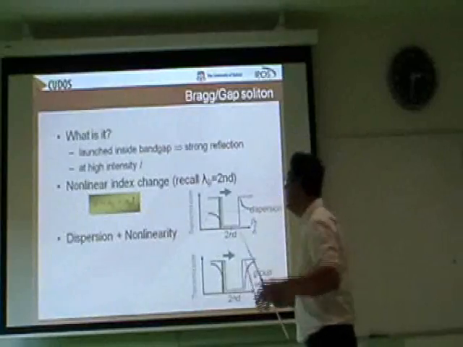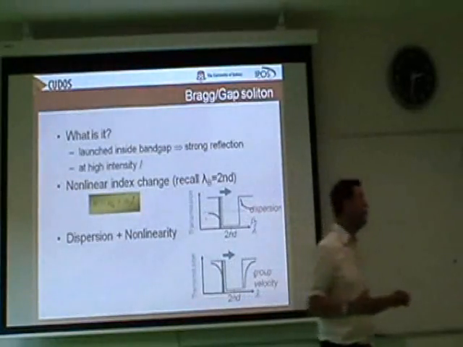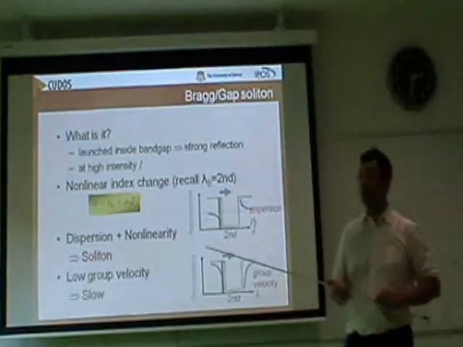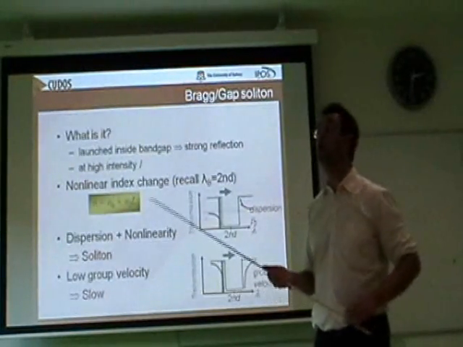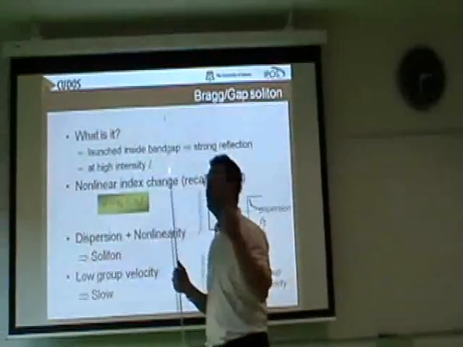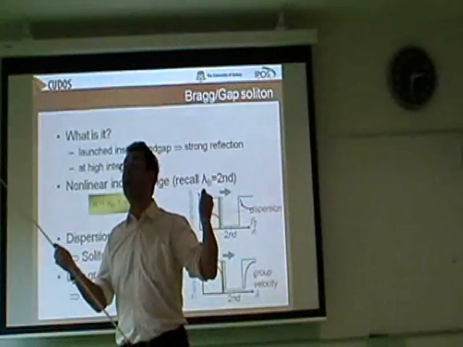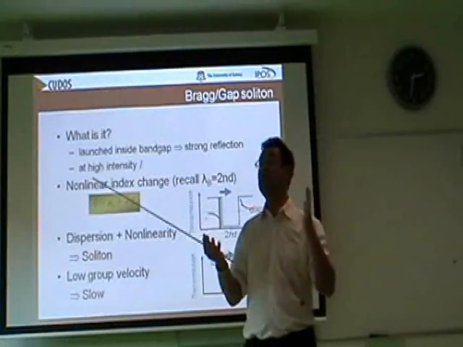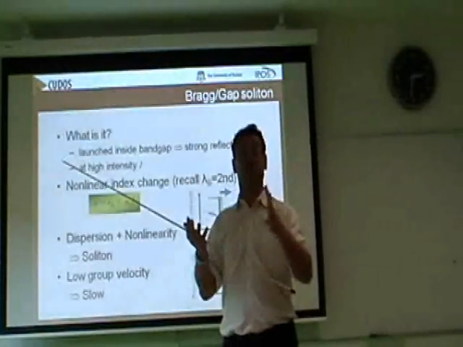Then under these very general circumstances, you get soliton formation. Now what are solitons? They are pulses of light in which the nonlinearity balances the dispersion. So where a linear pulse would broaden, because of the nonlinear effect, the high intensity soliton stays together.